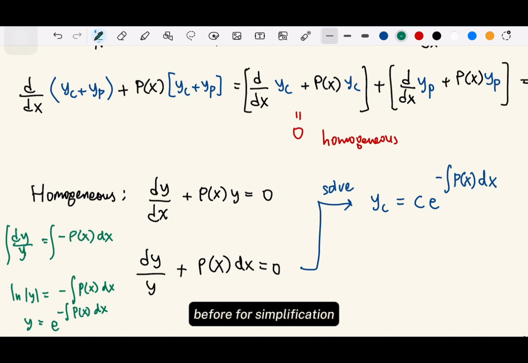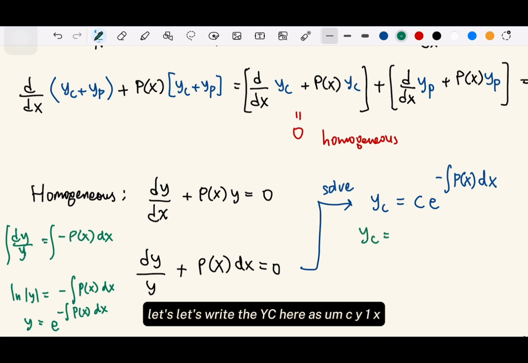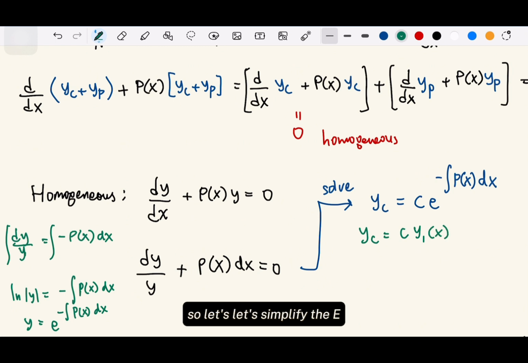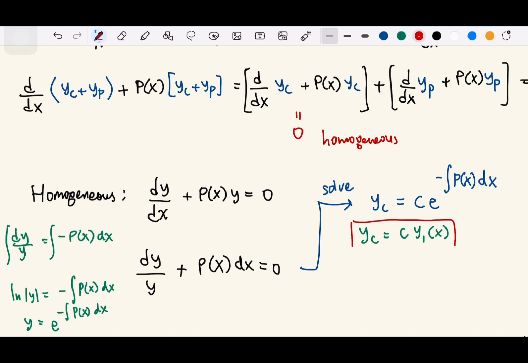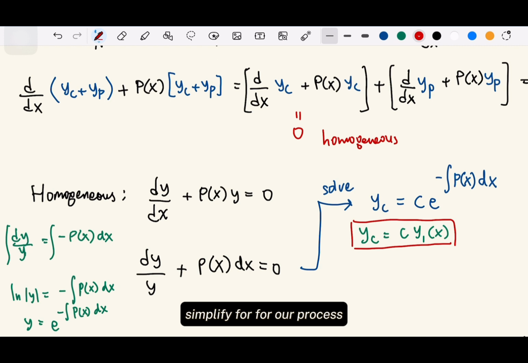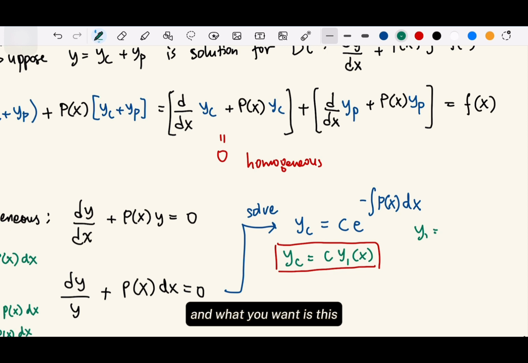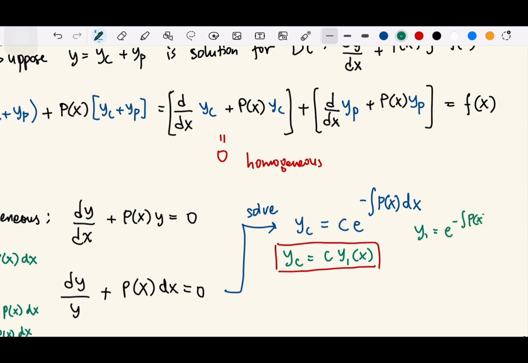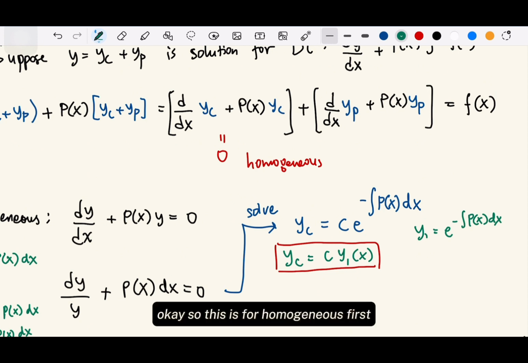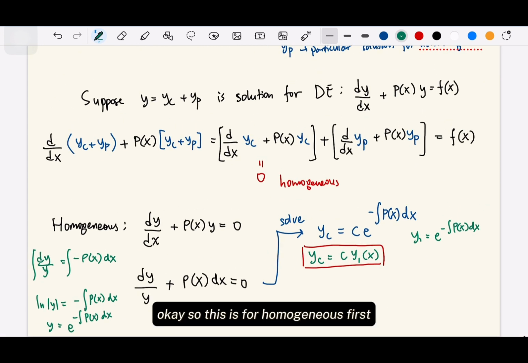But for simplification, let's write the yc here as c y1(x). So let's simplify the exponent first, just to simplify our process. And y1 is this. So this is for homogeneous first, and it's still not yet a complete method.